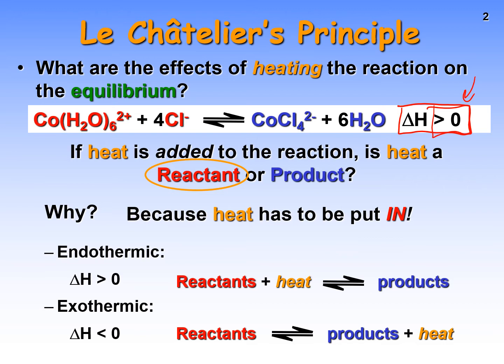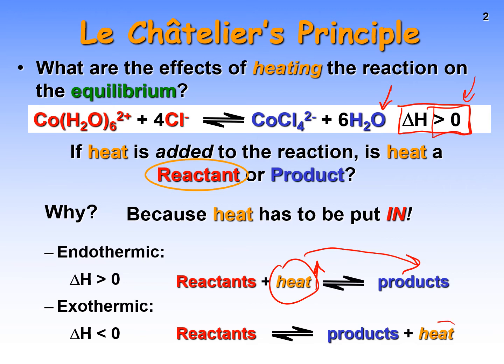Now, heat and temperature effects are pretty much identical to concentration. If we increase the amount of heat present, it will shift away from the side that we consider heat to be on, right? So if I heat this reaction up, because it's an endothermic reaction and heat is on the reactant side, I am basically increasing a reactant, which, as we learned on the previous slide, means we're shifting towards the products.